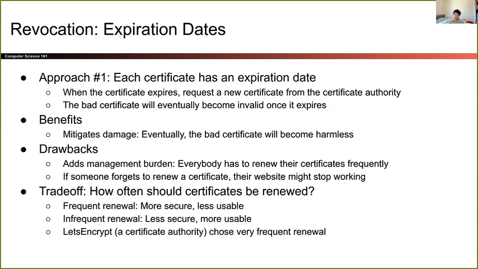Let's Encrypt, which is a certificate authority that will sign certificates for free, went with a really frequent renewal, every 3 months or so. And they have ways of automating it, so it's not too annoying. But the key here is that there's some trade-off that you have to make when you're deciding on the validity period of your certificates. All right, questions on expiration dates or certificates in general?